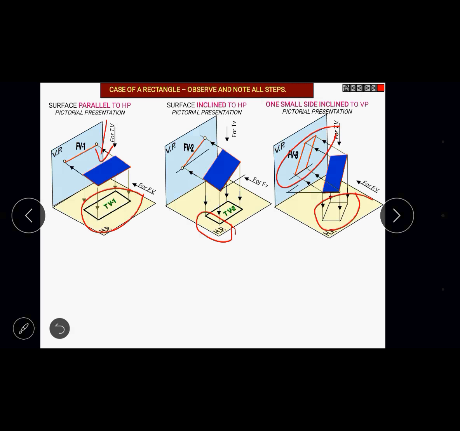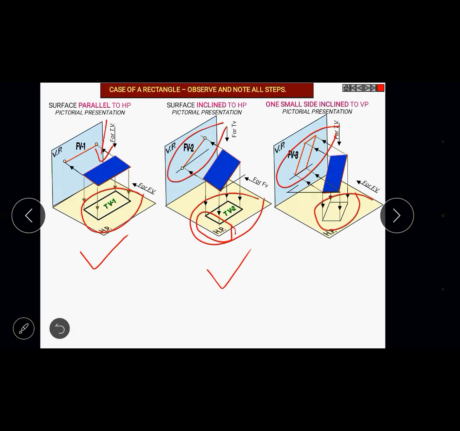So in this way, if you place a lamina parallel to HP, the top view will be a regular shaped lamina and the front view will be a horizontal line, as you have seen in figure 1. In the next step, if you tilt the surface of the lamina with the HP angle, the top view will become an irregular shape and the front view will be an inclined line, as you have seen in the second figure.